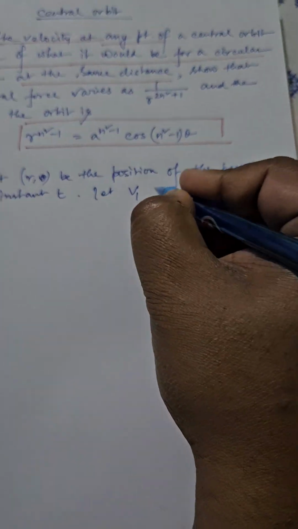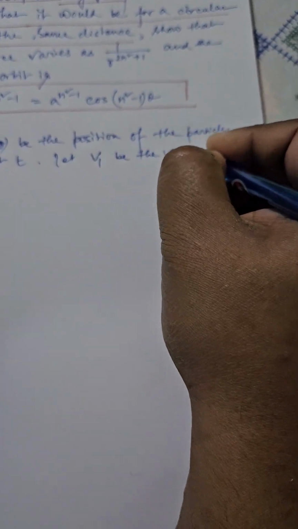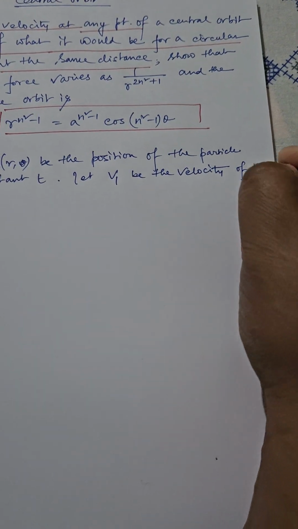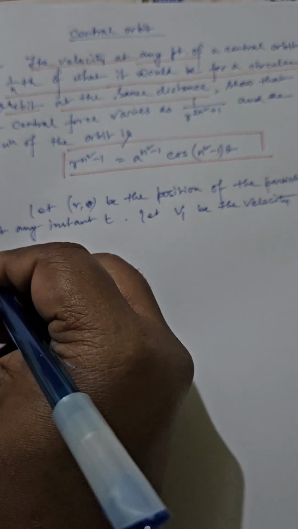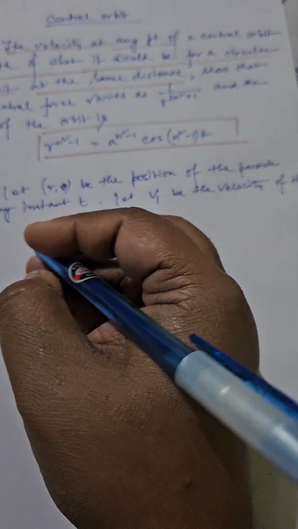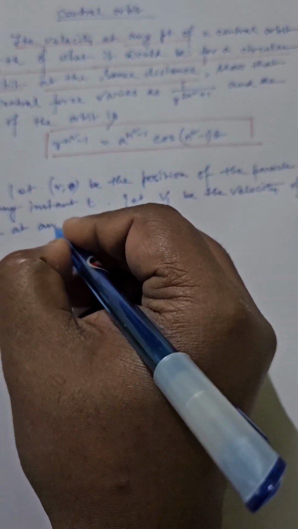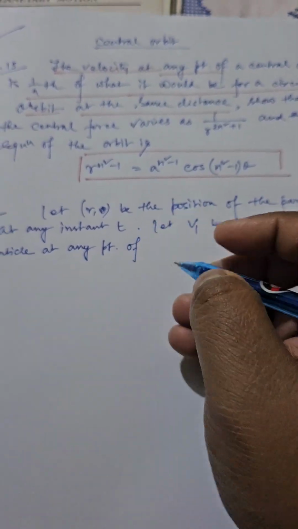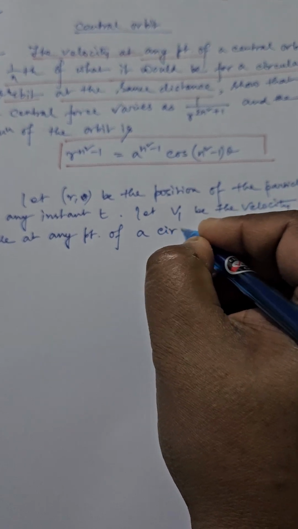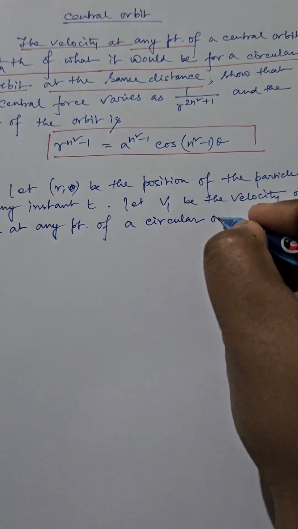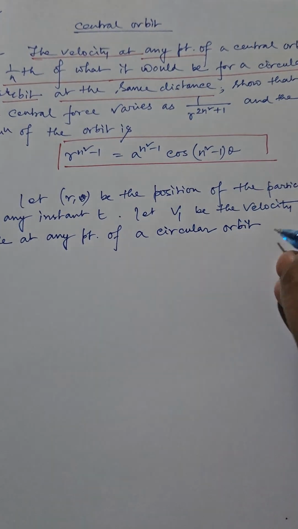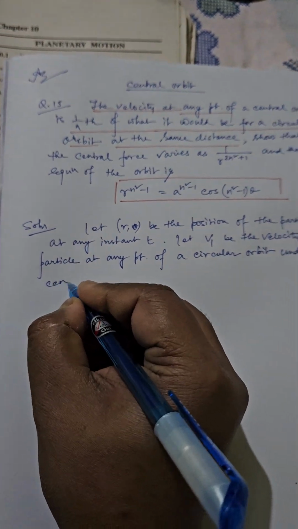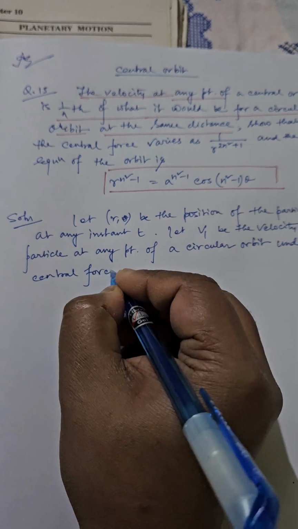Let v1 be the velocity of the particle at any point of a circular orbit, say under the central force, capital F.